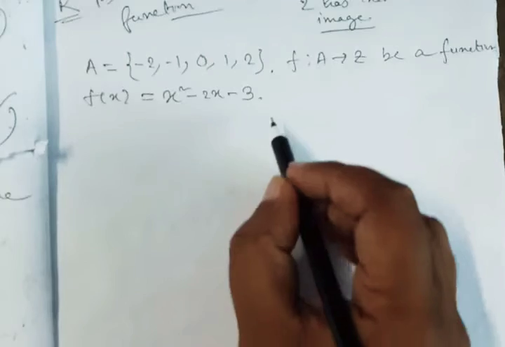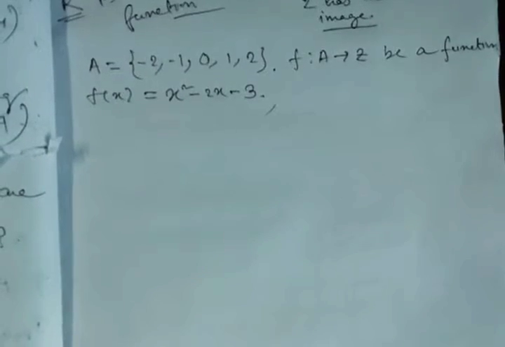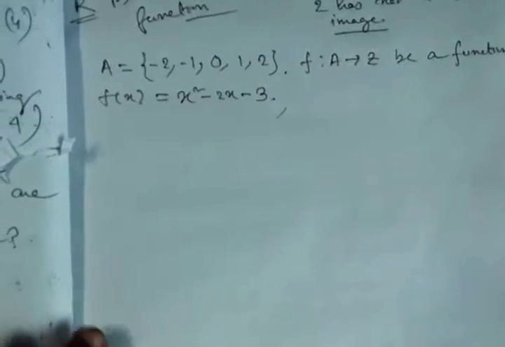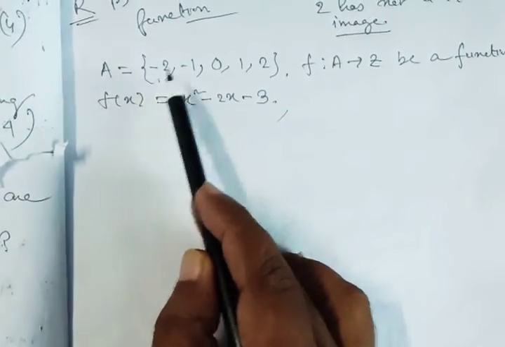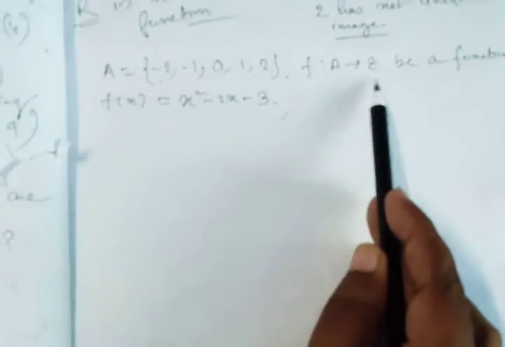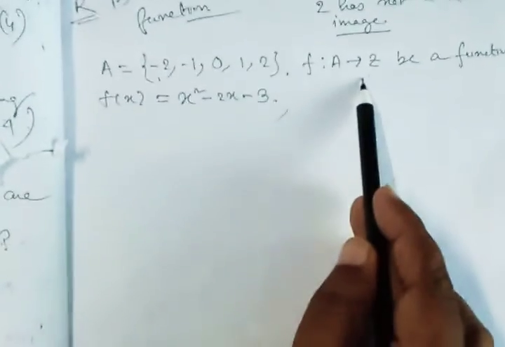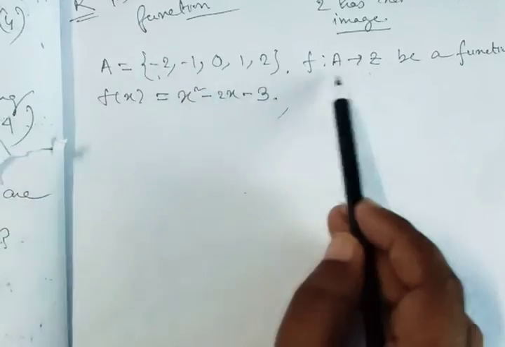So we have to find the range of f. Now range of f means the image of set A in Z, the image of every element.